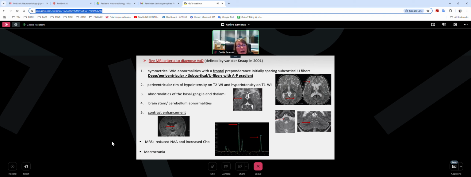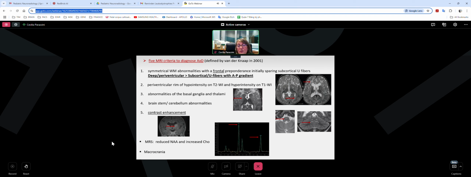Many years ago, five MRI criteria were defined, but actually we know that not all patients fulfill all of them. They are symmetrical white matter abnormalities with frontal preponderance, initially sparing subcortical U fibers. So the deep periventricular areas are involved before the subcortical fibers, with an anteroposterior gradient.